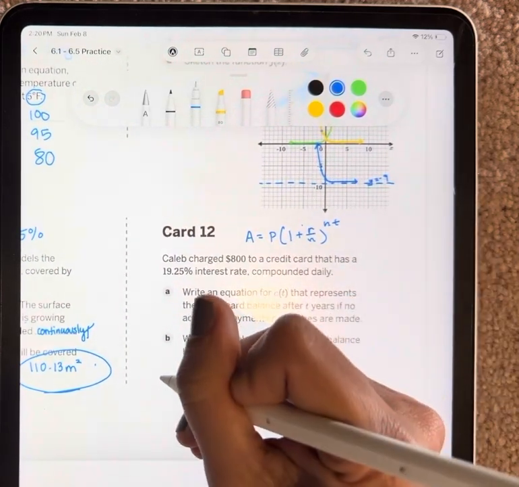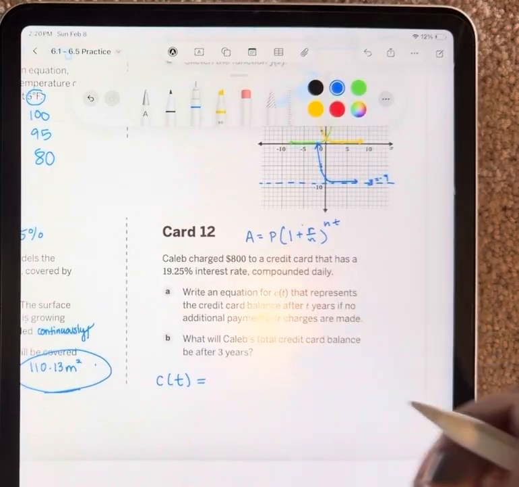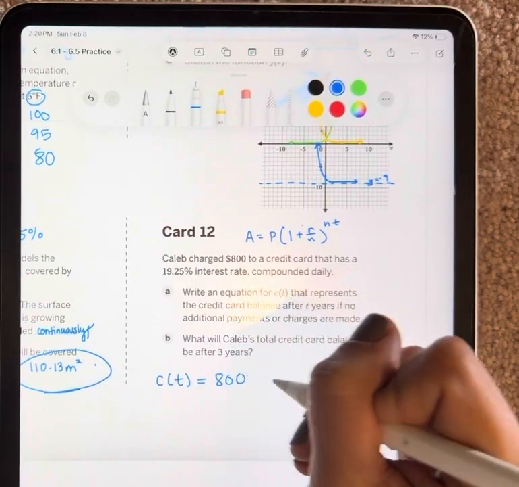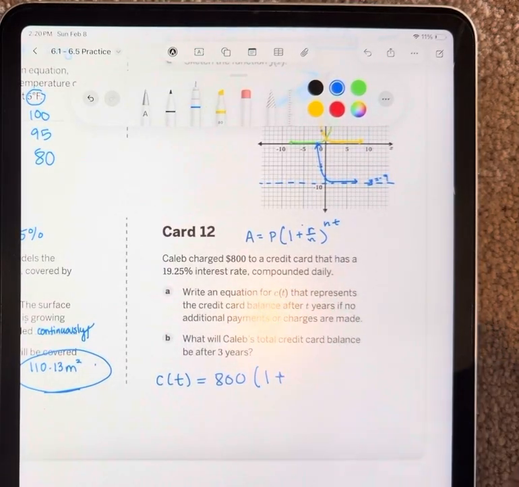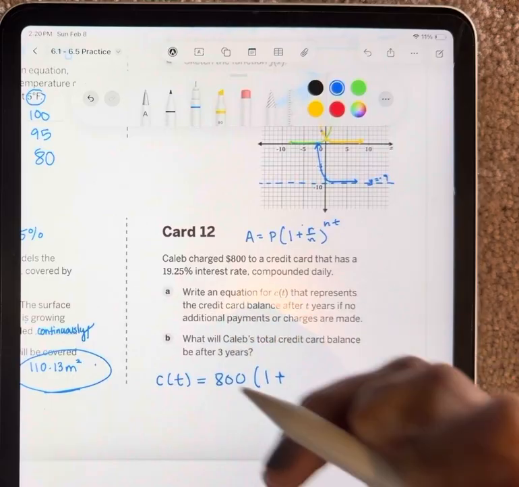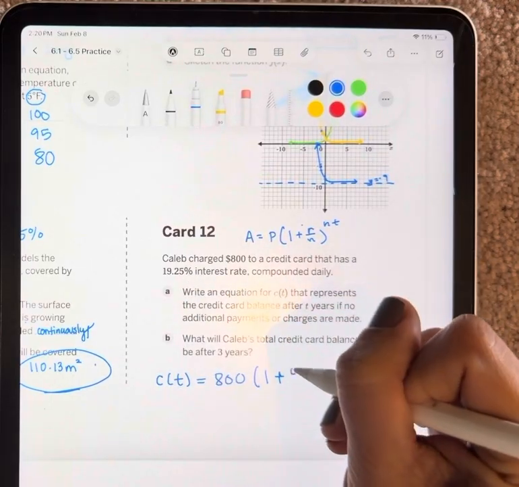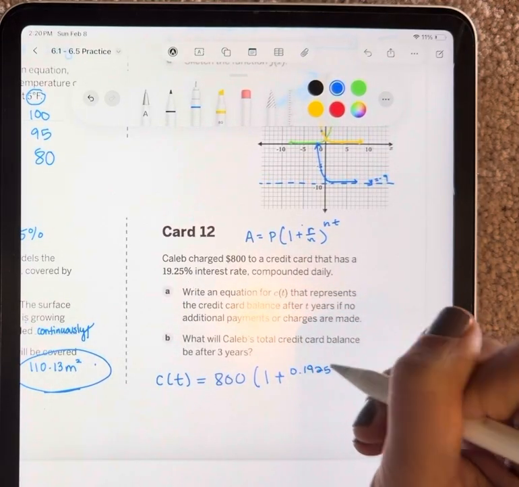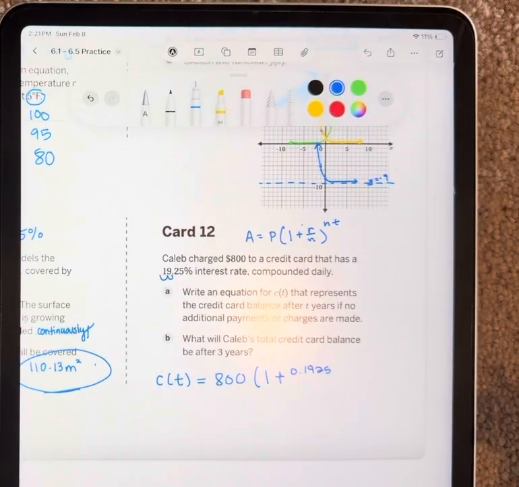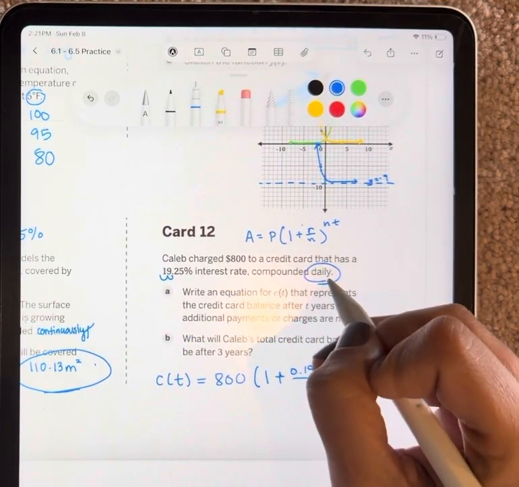Okay, C of T is going to be the starting amount, which is 800, times 1 plus, so you guys, I'm rushing it because I did this already, 0.1925, that's my rate with the decimal moved over twice, divided by n being how many compounds in 1 year.